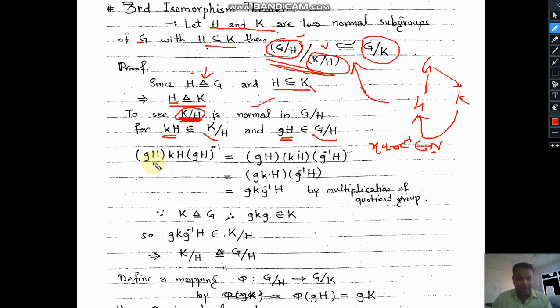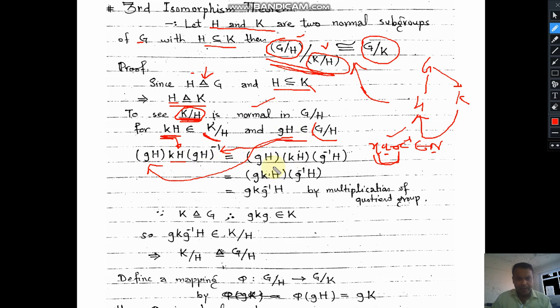Now we are taking the composition of these elements in this way, because this is the general element, which belongs to the quotient group over G, and this is a particular element, which belongs to the quotient group over K. So this particular element is combined with these two general elements, and we want to show this type of relation, in the pattern of xnx inverse.